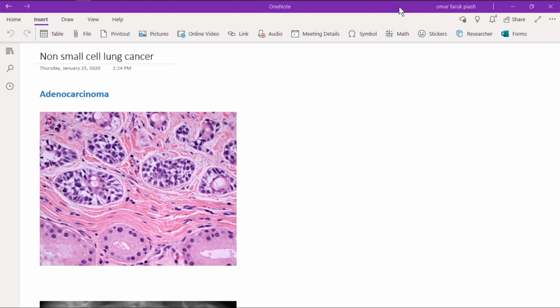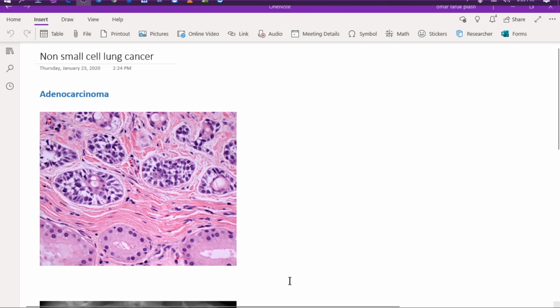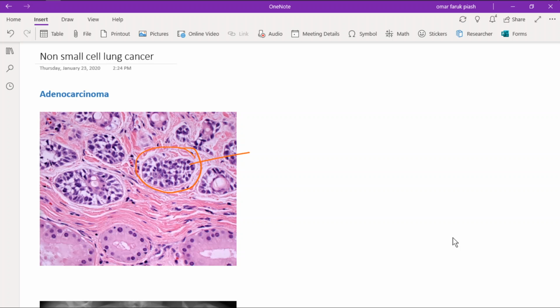Now, adenocarcinoma. This is the histology of adenocarcinoma. Here you can see the glandular pattern on histology. This is the most common primary lung cancer.